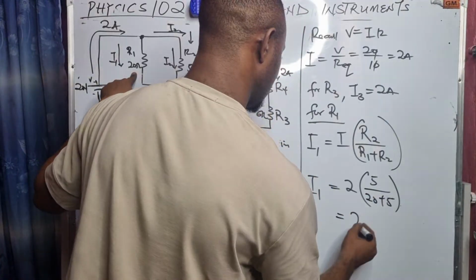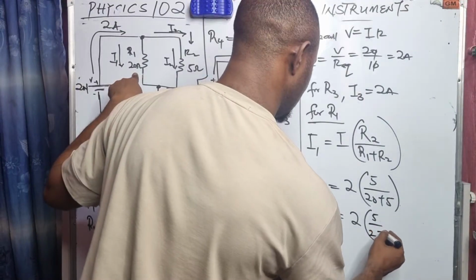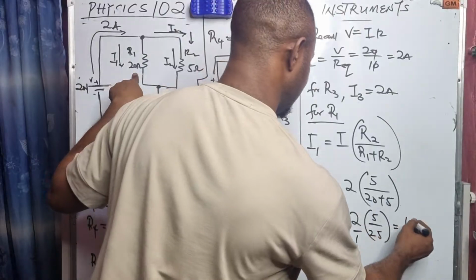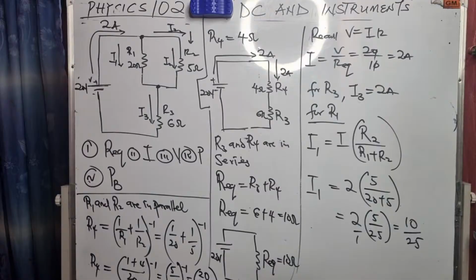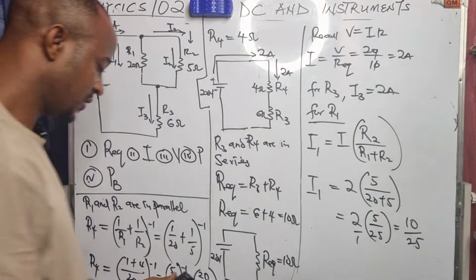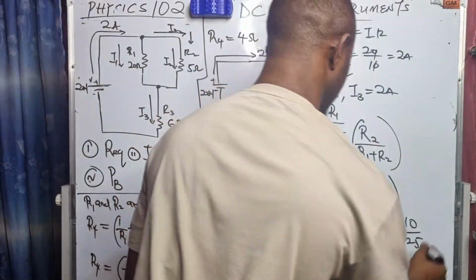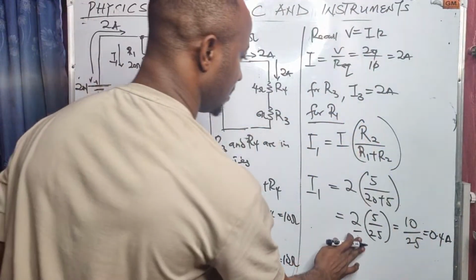This will give us 2 times 5 divided by 25, which is 10 divided by 25. Please, if you are following, indicate that you are following. When we divide 10 by 25, the result is 0.4. We have 0.4 ampere.